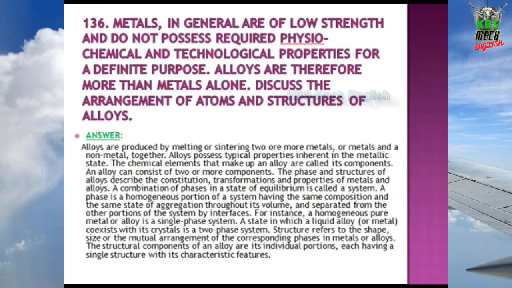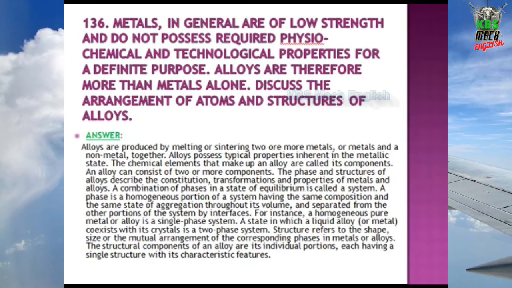An alloy possesses typical properties inherent in the metallic state. The chemical elements that make up an alloy are called its components. An alloy can consist of two or more components. The phase and structures of alloys describe the constitution, transformation, and properties of materials and alloys.